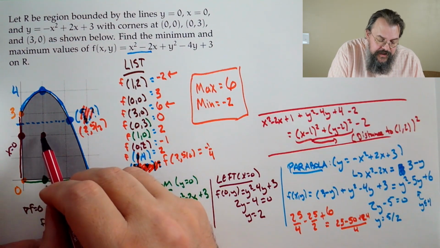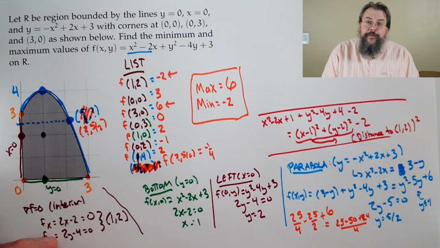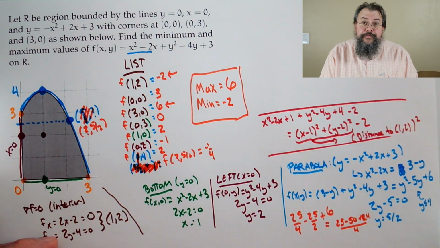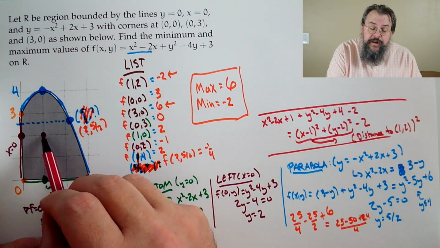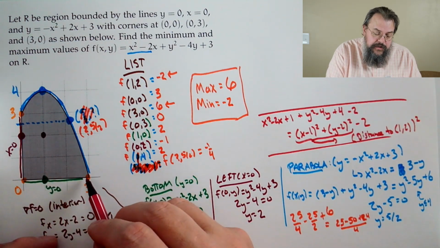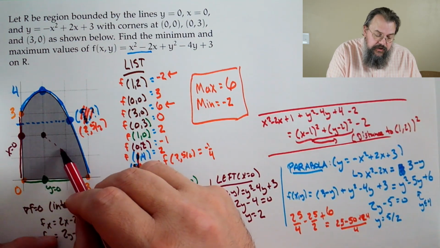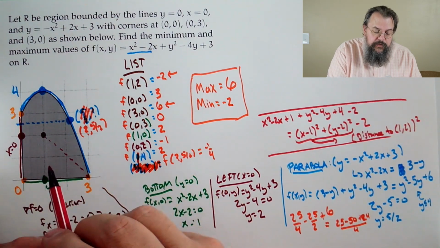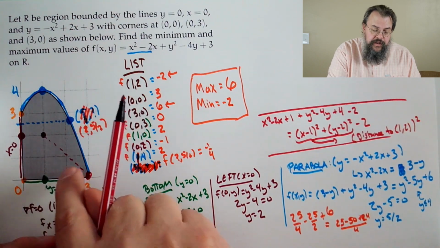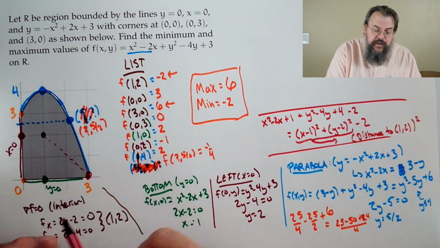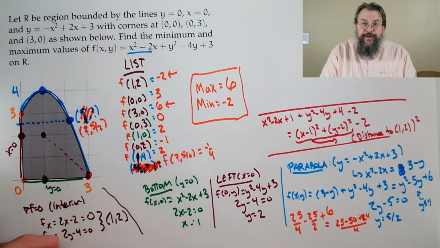So really our function is based off of how far away you are from the point 1, 2. So it's not surprising that the smallest we can get is at 1, 2. And the largest we can get is over here in this corner, because this is the furthest corner away from the point at 1, 2. Everything else is closer to our point.